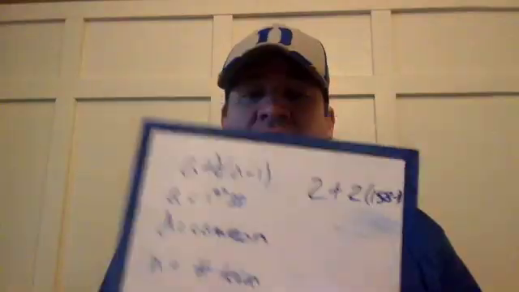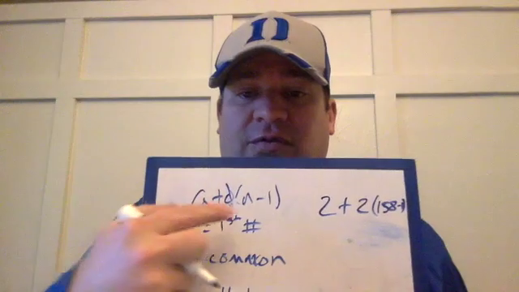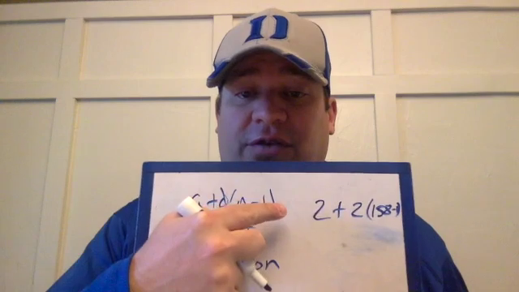The first number we started with was 2, so we write 2 as our A, plus our common difference is also 2, because that's the number we're adding every single time. So we have 2 plus 2 times (n minus 1), remember n is the number term we're looking for, so we do 158 minus 1. So this would be the recursive rule for finding the 158th term.